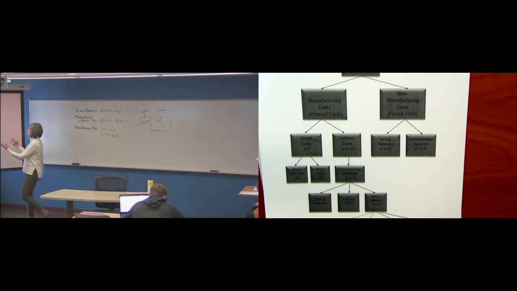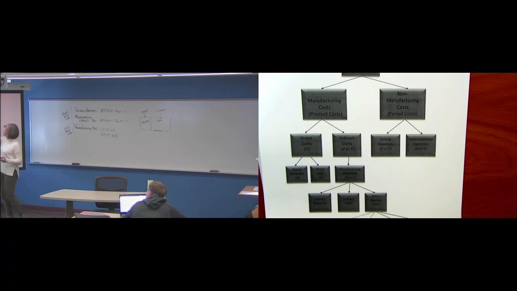If you're using this handout to help you classify costs, and you are starting off with either a service business or a retail business, then these are just the right-hand side of my paper. This is the left-hand side. So the classification applies, but you don't need the entire paper unless you're talking about a manufacturing firm.